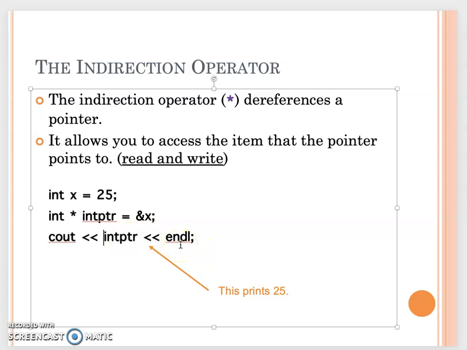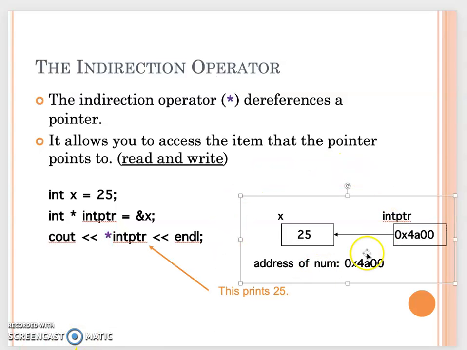But now if you have your int ptr, a pointer variable associated with this dereference operator, it will access that memory location. Let me show you in the memory. We have x located somewhere, 4800, and the value for x is 25. Then I assign int ptr to the memory location for x, so this variable is holding the address. So here you have two things.